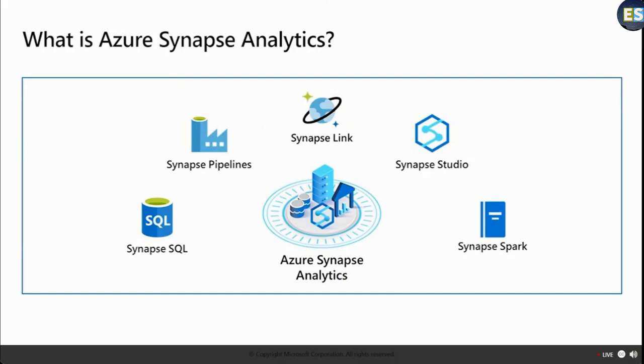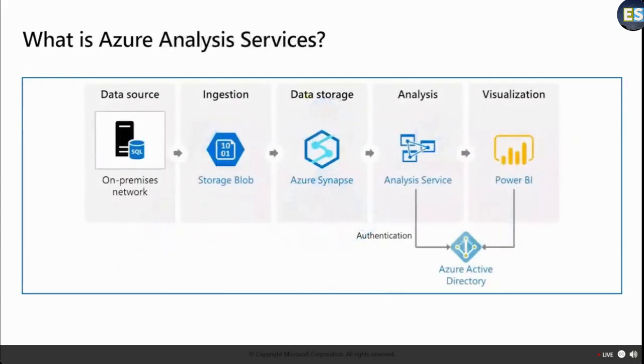Azure Analysis Services leverages a massively parallel processing architecture. So this architecture includes control nodes, and it enables you to build tabular models to support your online analytical processing queries. So you can combine data from multiple sources like Azure SQL Database, Azure Synapse Analytics, Azure Data Lake Storage, Azure Cosmos DB, and many others.